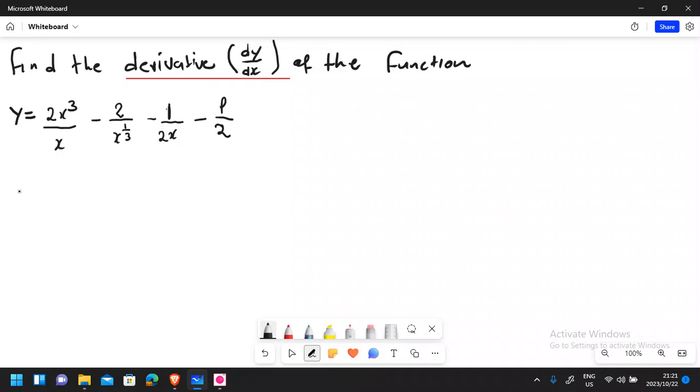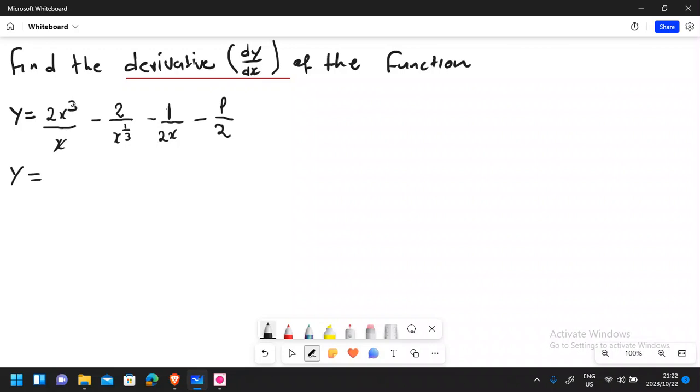But before we start, we need to simplify this. Remember, you really need to not have the x's in the denominator. All right, so first, before you differentiate, let's simplify. For the first term, as you can see, we have 2x to the power of 3 divided by x.